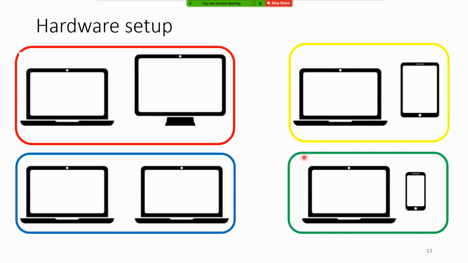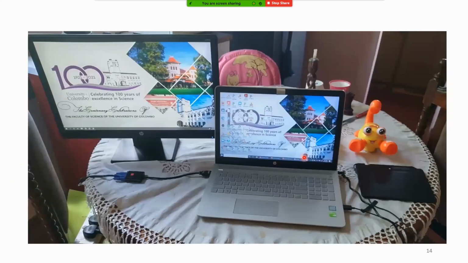So let me show you. This is actually my setup: my laptop, and I have my old monitor. You might notice something interesting here. My laptop has an HDMI output, and old monitors always had a VGA connector, so I'm using a converter.